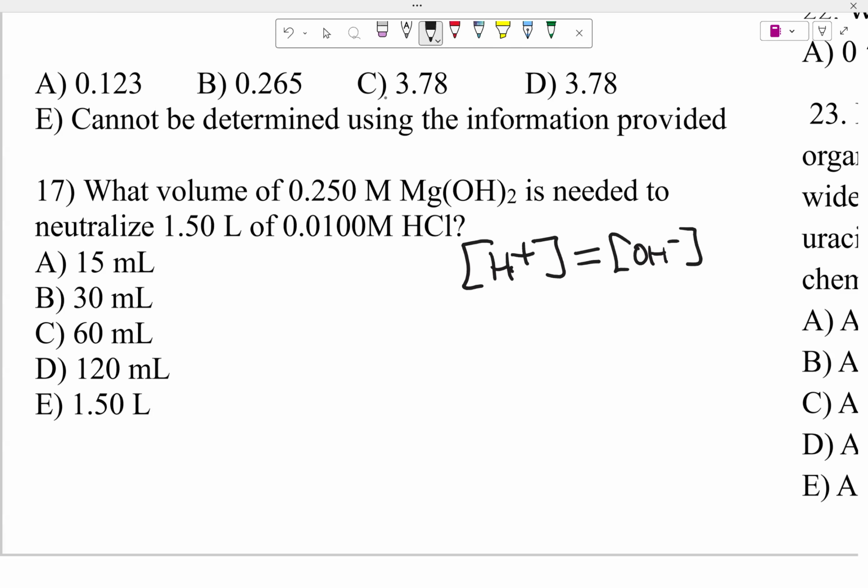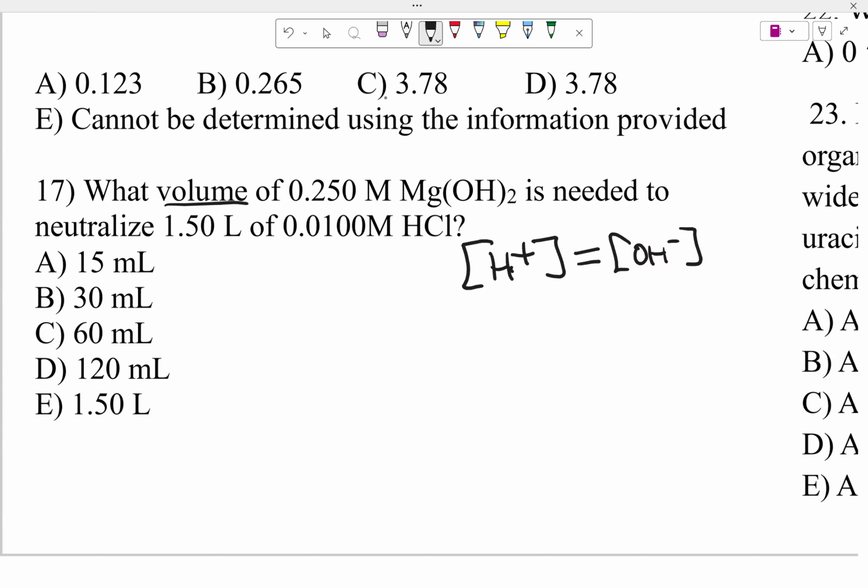Now they're asking to find the volume of this base required to neutralize that amount of acid. So what we can do here is find the hydronium moles of HCl.